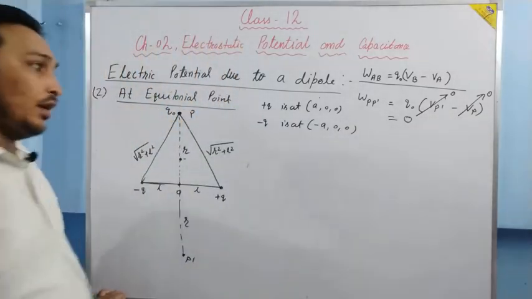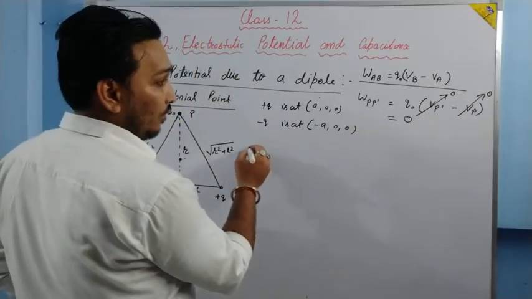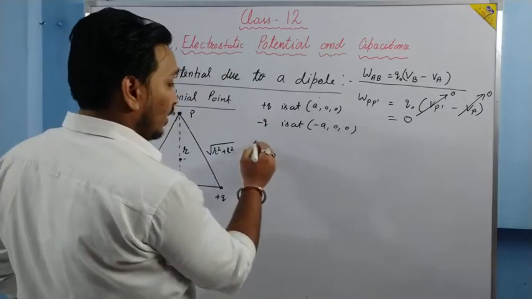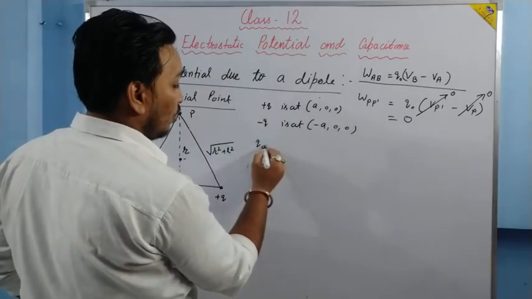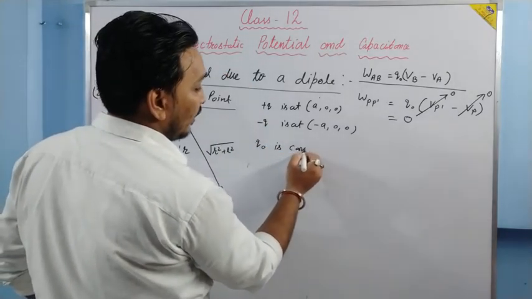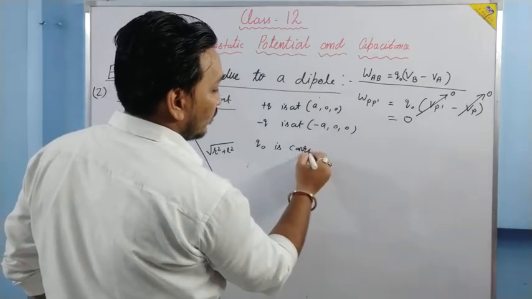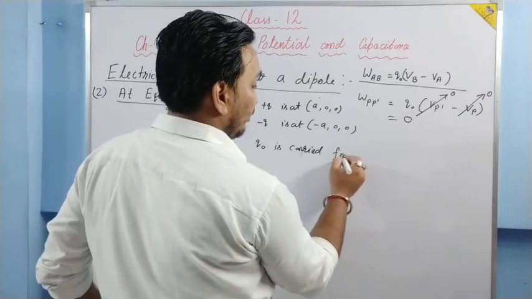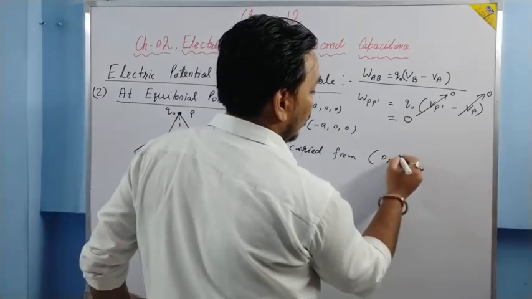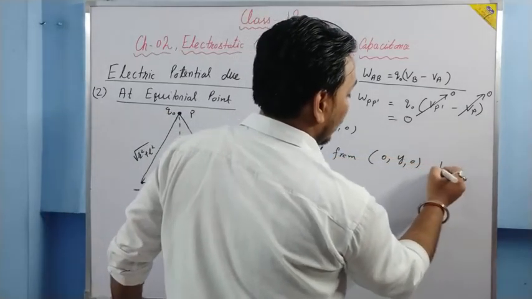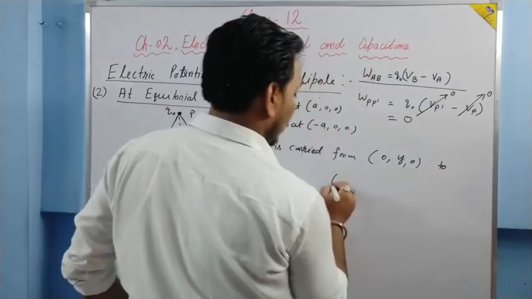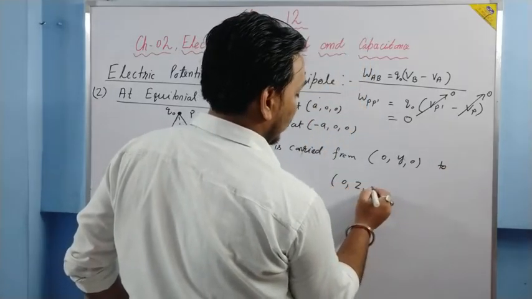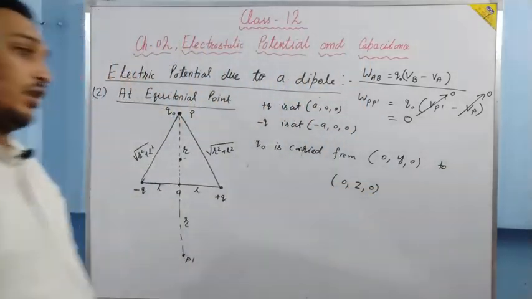And you have been told that a charge Q naught is carried from 0, y, 0 to 0, z, 0. What is the work done?